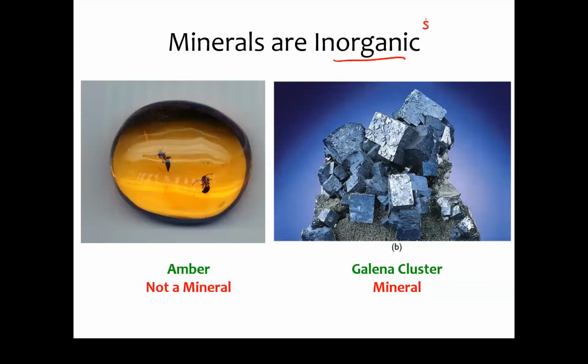Last piece, minerals are inorganic. Amber. It's solid. It has a relatively consistent composition, but it's made of very complex organic compounds with weird structures where we can draw them and might have nitrogen groups or oxygen coming off of it, and those are linked to other shapes.